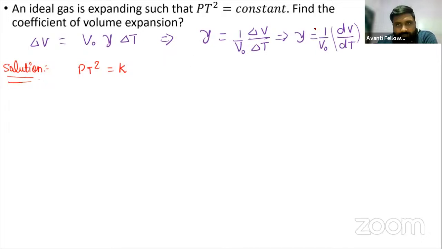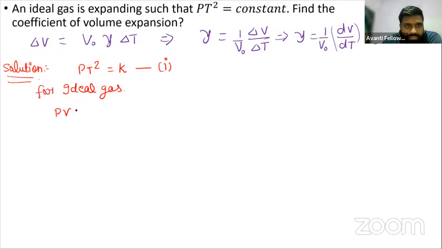We are interested in dV and dT only. So we would like to replace this pressure by volume and temperature. For an ideal gas, PV equals nRT, where n is the number of moles. So P will become nRT upon V.